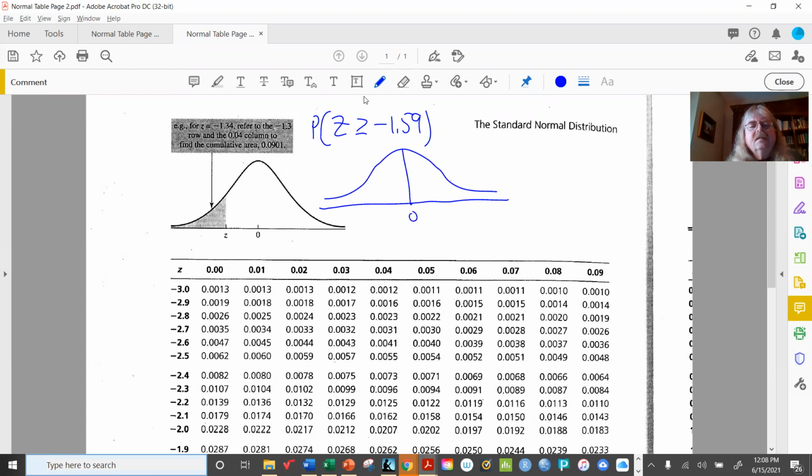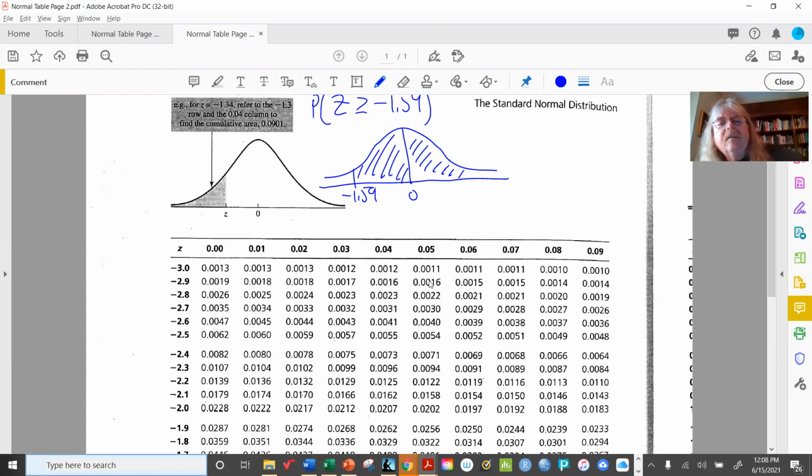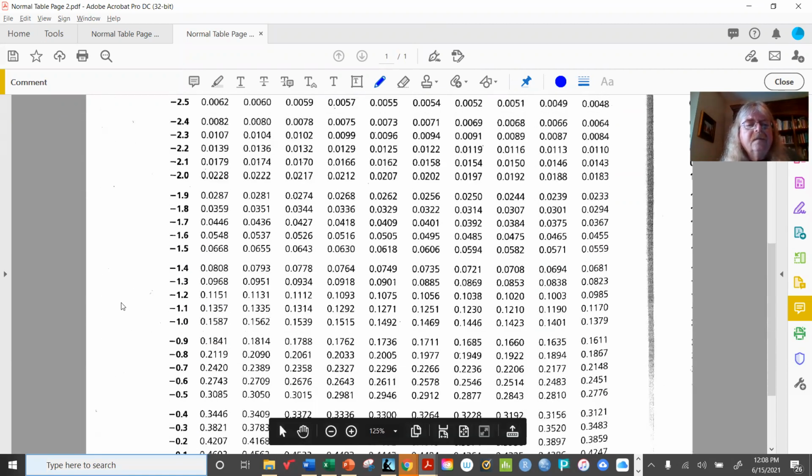In fact, we know that it's going to be more than a half because this whole area by itself is a half. Okay. All right, so we scroll down, but keep in mind too, the area we actually need is this piece. The area above negative 1.59 is quite large, as I said.